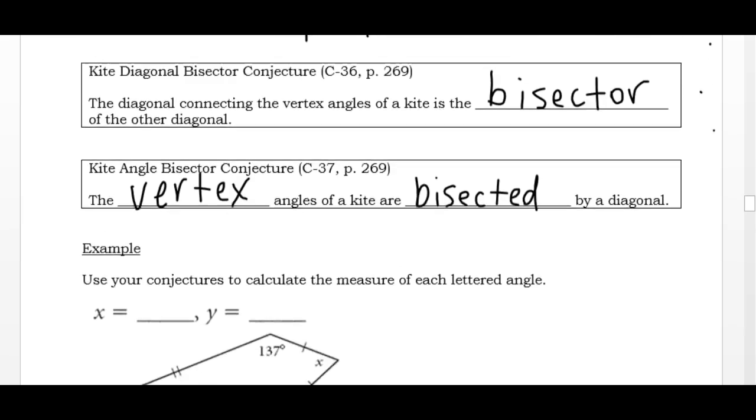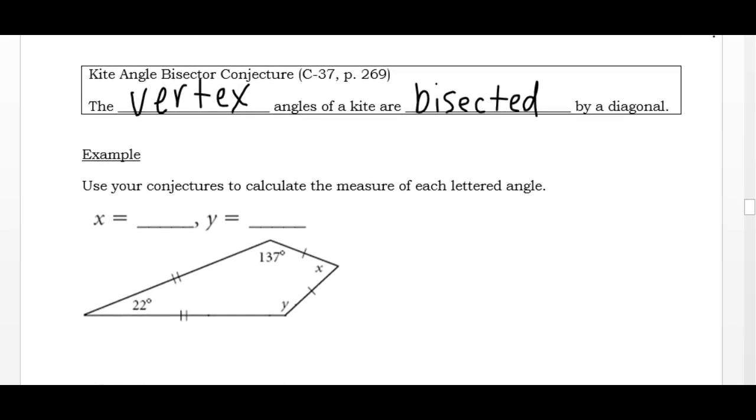One quick example. Use the conjectures to calculate the measure of each lettered angle. I need to find the measure for angle x and for y. So imagine that symmetry, my non-vertex angle here and my non-vertex angle here. I know right off the bat that they are the same. So y is 137 degrees. And then I remember my polygon sum conjecture telling me that the 4 angles of a 4-sided shape will add up to 360 degrees.